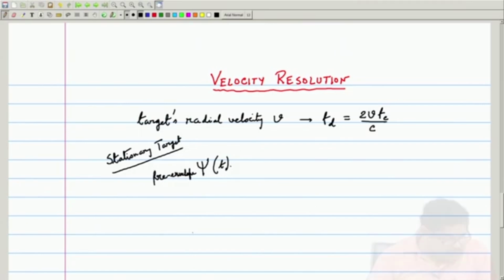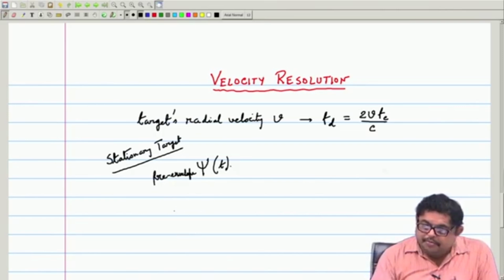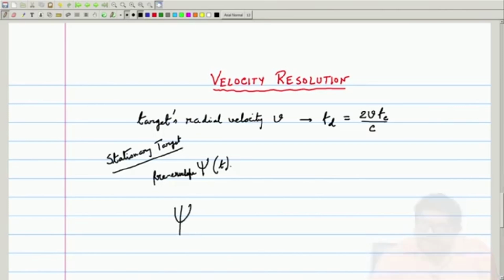So, the Fourier transform is psi f. Now, this is psi t. Actually, I should have taken a different symbol for denoting the Fourier transform, because these are completely different functions.